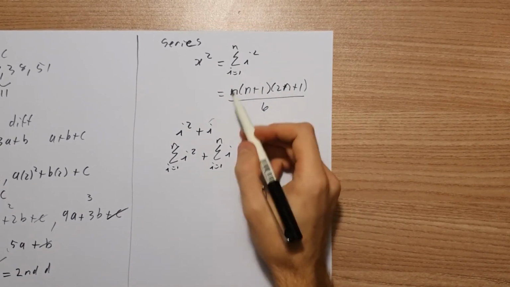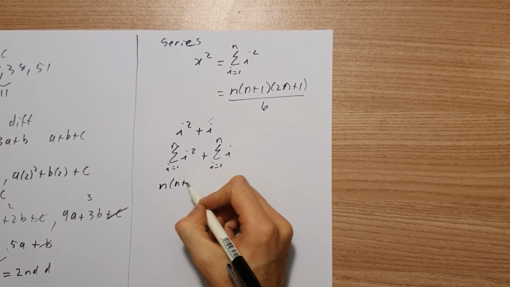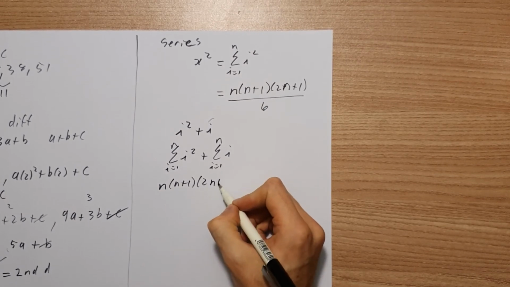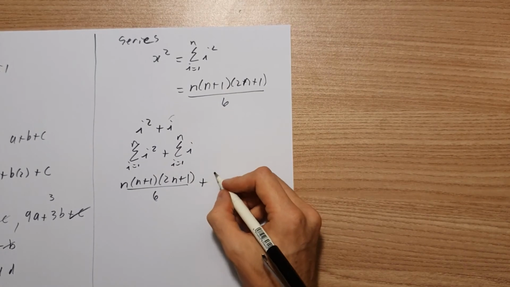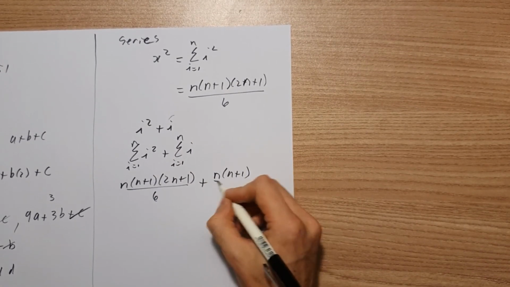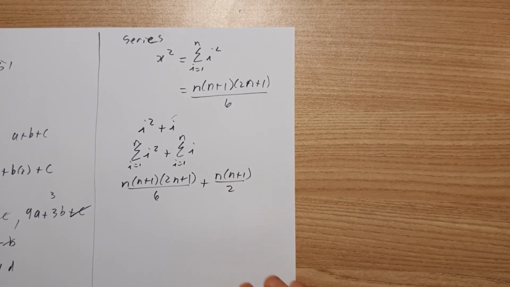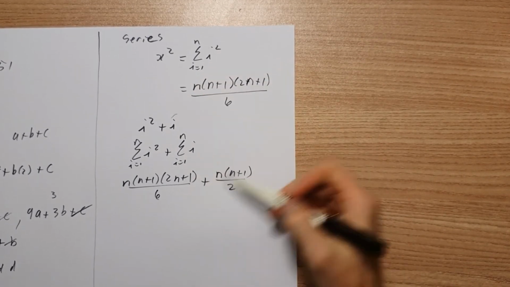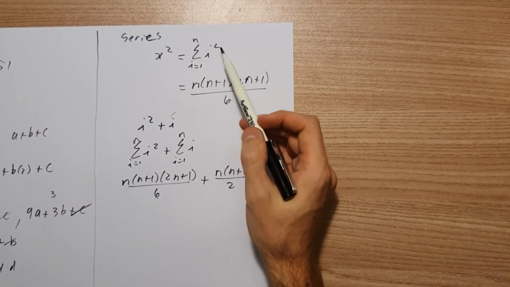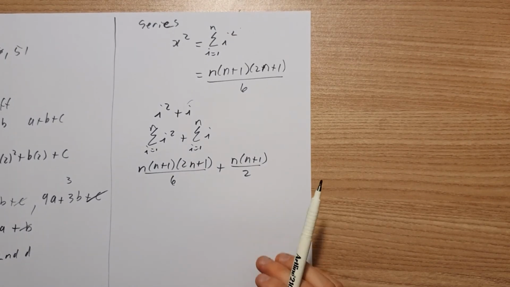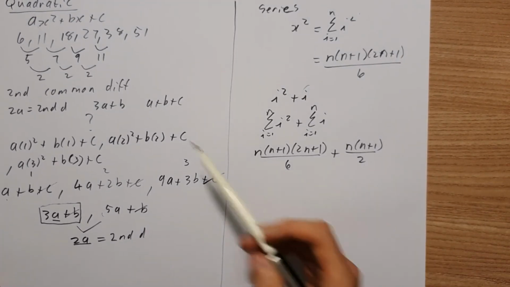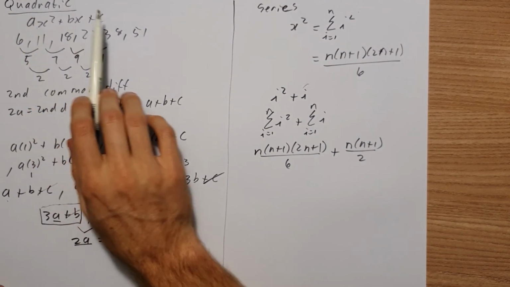So you'll end up with n times n plus 1 times 2n plus 1 all over 6, plus n times n plus 1 all over 2. Yes, you'll have to know how i squared works and how the sum of i works, but at this point in time, the big question for quadratic is finding a, b, and c.